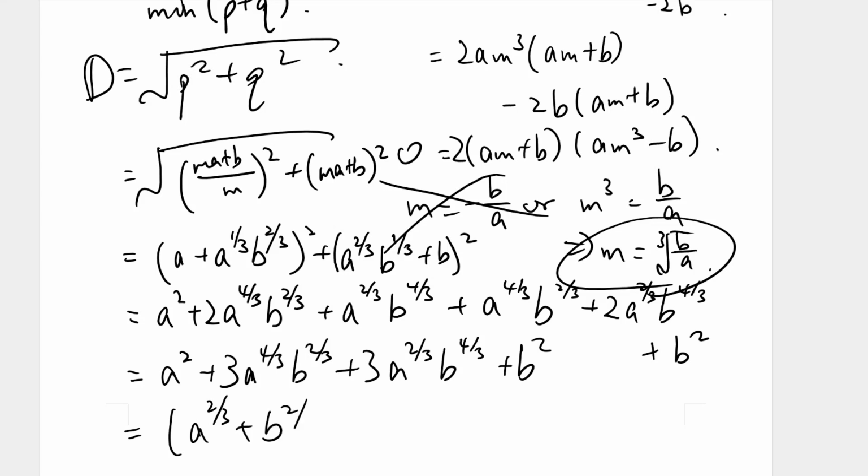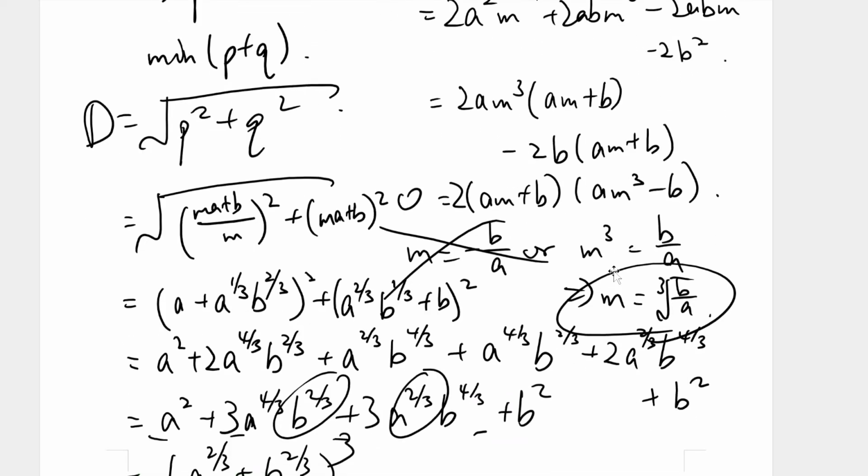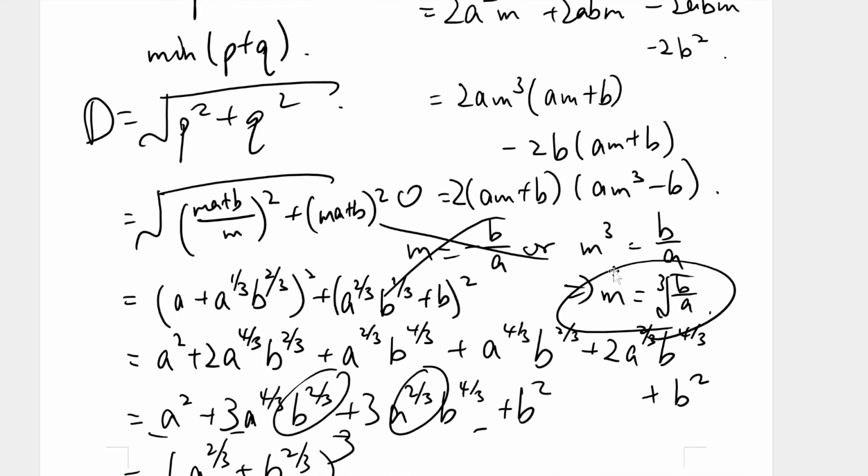(A to the 2/3 plus B to the 2/3) cubed. Lovely, brilliant expression. By the binomial theorem, you know this is 1, 3, 3, 1. You can spot the coefficients and realize that it should be A to the 2/3 and B to the 2/3 just by looking at these. Lovely question. Just remember, don't differentiate with the square root, then you'll be fine. And take care of the letters, take care of algebra, don't mess up the positives and negatives, then the question should be safe.